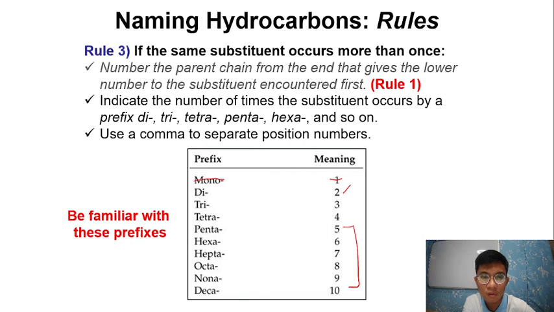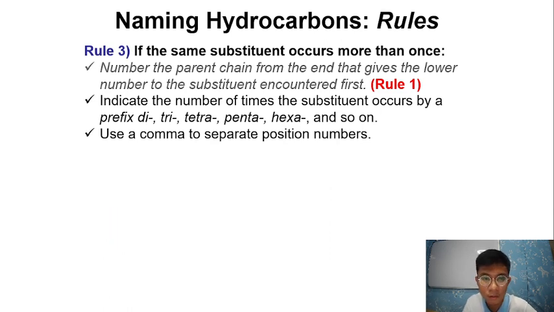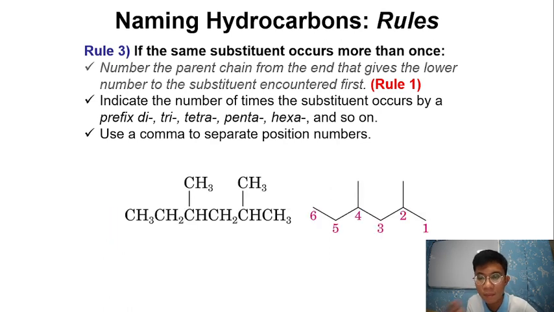So, ulit yung ganitong substituent, dalawa yung number. Kapag tatlo, tatlo. Okay? So, magbigay tayo ng example. Kapag may multiple numbers, kailangan gagamit ka ng comma. So, yun yung example para maintindihan nyo.